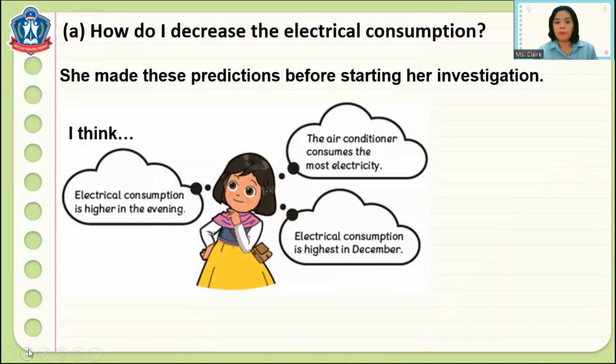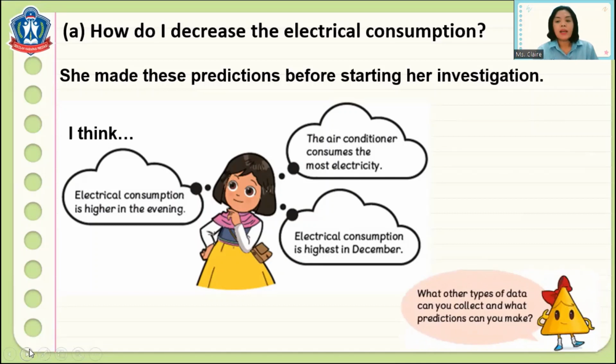So mostly the people use the different gadgets or appliances in her house. The air conditioner consumes the most electricity, so that is what she thinks. And electrical consumption is highest in December. So why do you think she was thinking like that, that it is in the month of December that the electrical consumption is the highest?